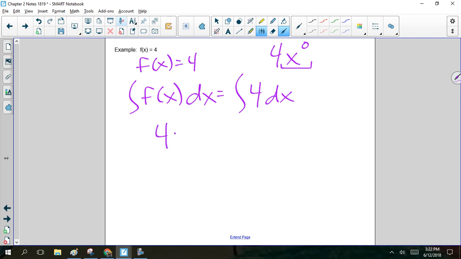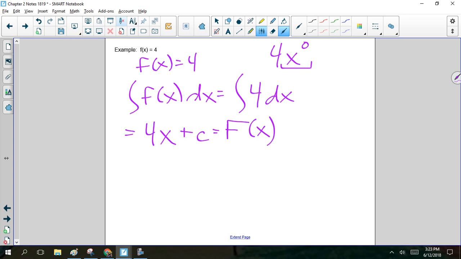So this is 4x to the 1. Does that work? Let's see. The derivative of 4x to the 1, multiplied by 1, gives you 4. Yes, it all works, right? So we get 4x, but then there could be some other constant, right? There's no reason why there couldn't be some constant added on here. So there's my integral, my capital F of x.